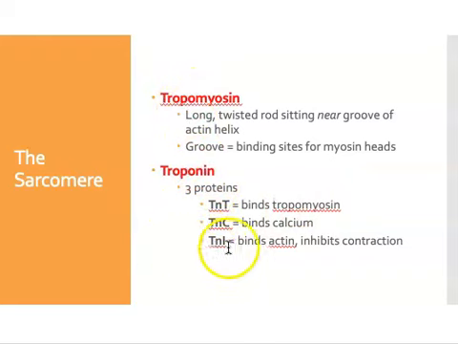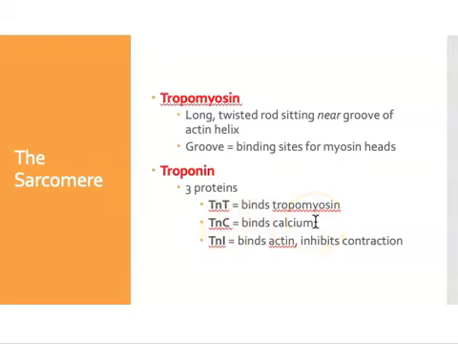The TNI region binds to actin, so the troponin molecule is also bound to the actin in the thin filament. It's bound to the actin, it's bound to the tropomyosin, it's really anchored. The third region in troponin, the TNC part, binds to calcium.